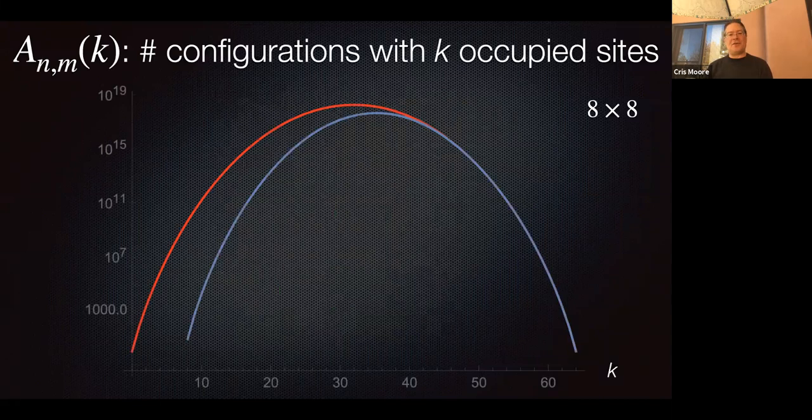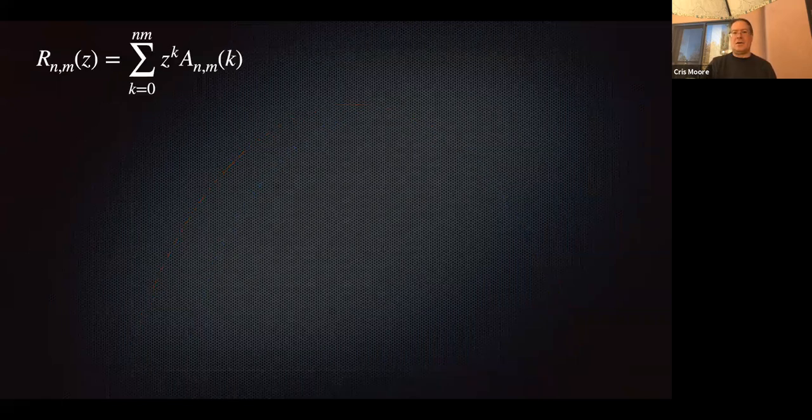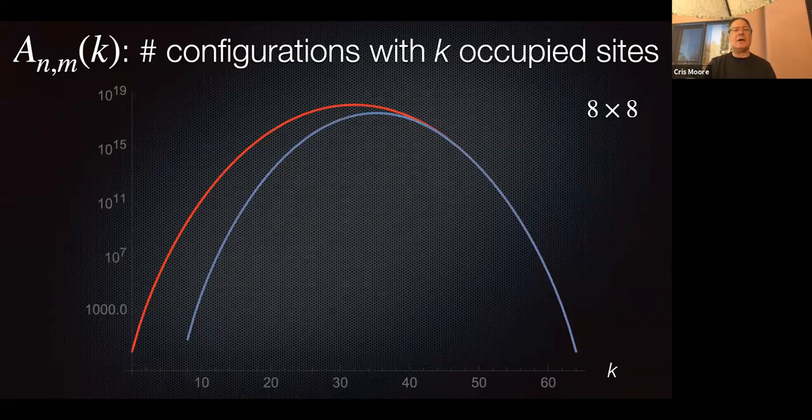One way to do these experiments is Monte Carlo experiments on large lattices, but another one is to do explicit exact enumeration on somewhat small lattices. So here, for instance, is an exact enumeration of spanning configurations on an 8x8 lattice.